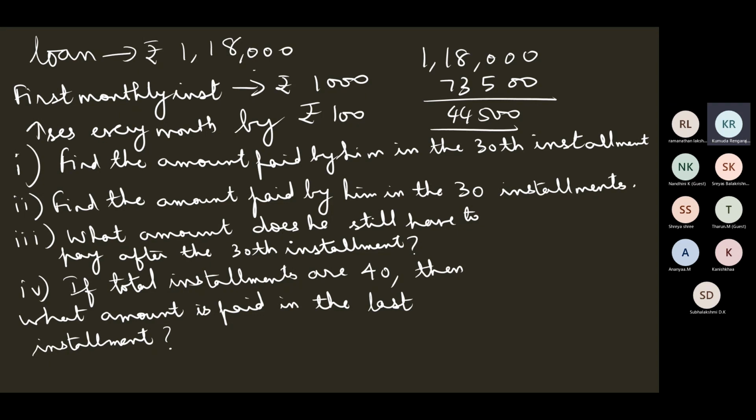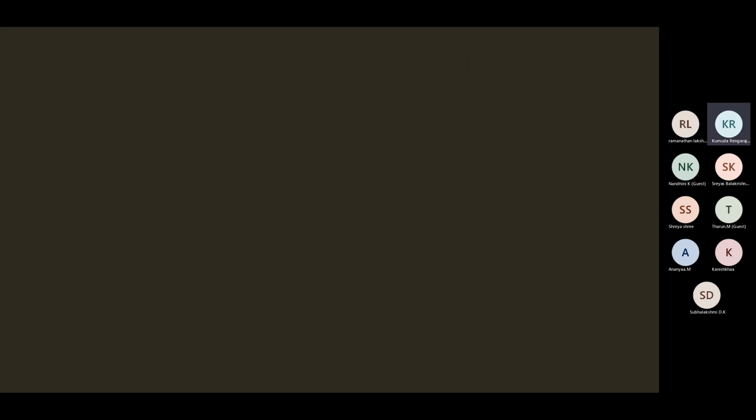And the last one, what is the amount to be paid in the last installment? That is the 40th installment. 4,900. Yes, A40, the 40th term, 4,900. Okay, next one.